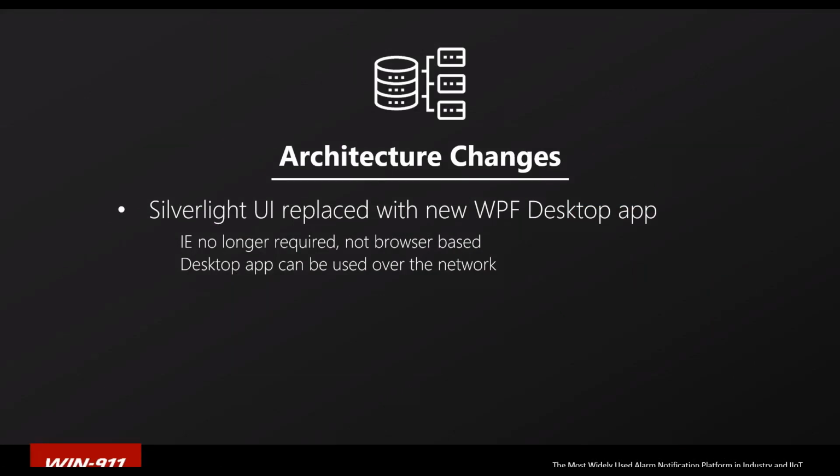The first thing that we did is that we moved away from our browser-based Silverlight UI and moved to a desktop application that we're still calling WIN-911 Workspace. Way back before we started the project, we had polled a lot of our customers and asked whether it mattered to them whether we're sticking to a browser-based UI or if they didn't have a preference really.